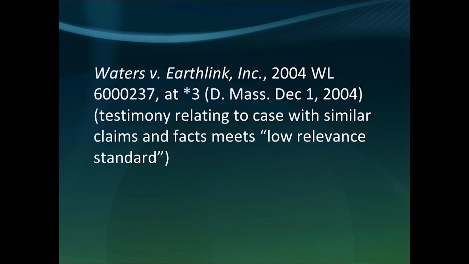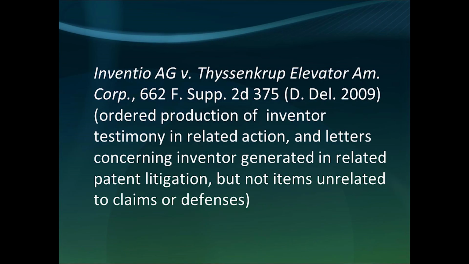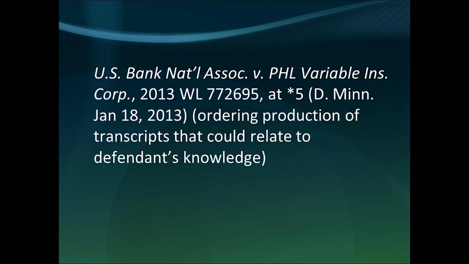In Waters, here too, the two cases were found to have similar facts and claims. In Inventio AG, the inventor's testimony and documents from a patent litigation were found relevant to another matter. In U.S. Bank, the court found the transcripts related to the defendant's knowledge, which was an issue in the present case.